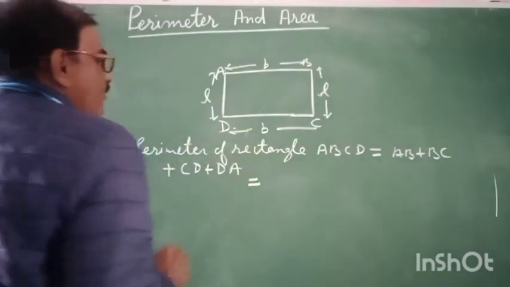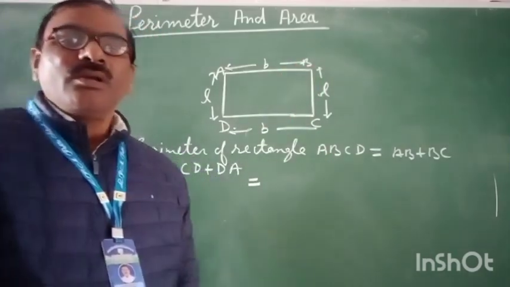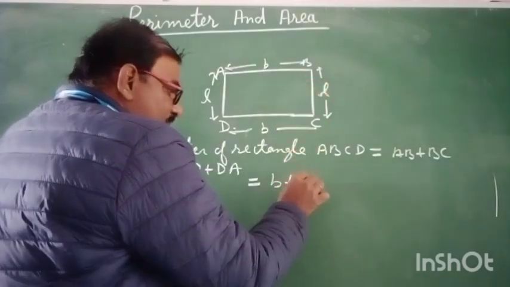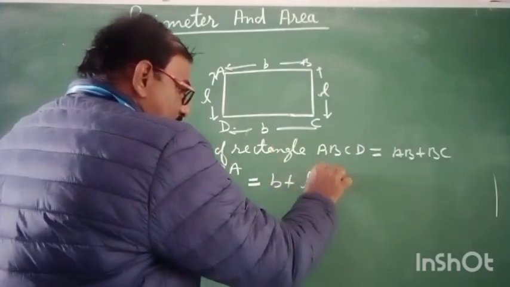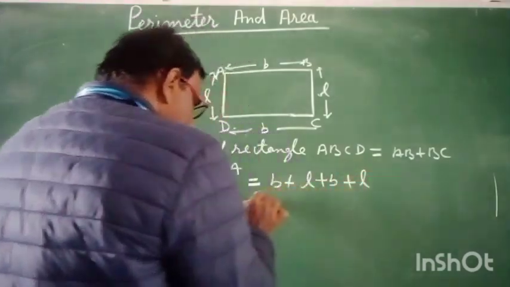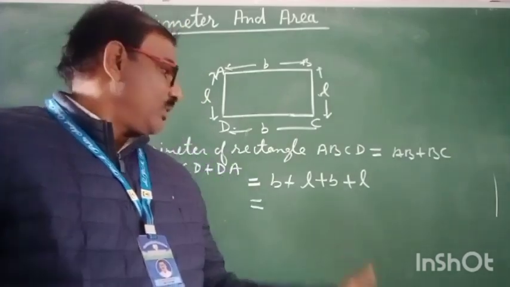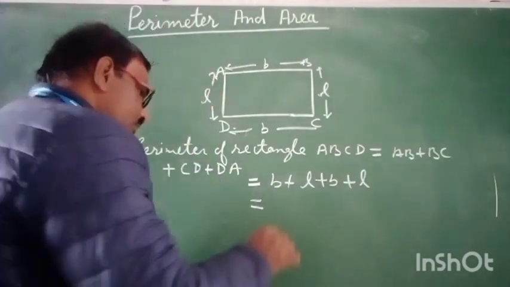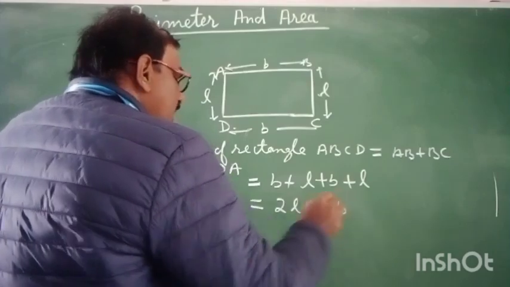Here the length of AB is B, BC is L, CD is B and AD is L. So I will add L plus L, which is 2L, and B plus B, which is 2B.